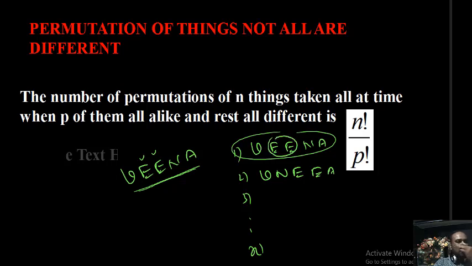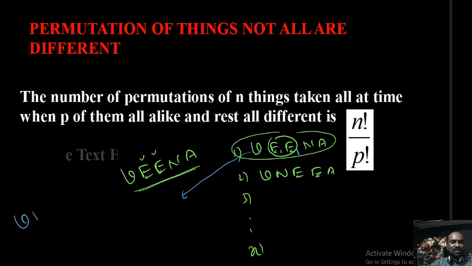If those two like terms are treated as unlike and replaced by two unlike terms, say E1 and E2, without disturbing the relative position of the remaining letters, these two letters themselves can be arranged in two factorial ways. Meaning after arranging themselves, they will produce two factorial linear permutations.